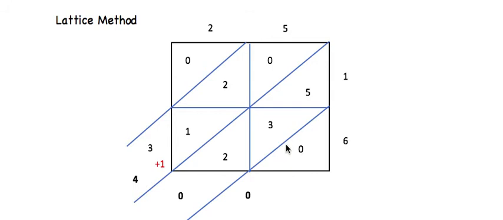So we're going to start down here, and it's important that they always start down here in this lower right triangle. And we're going to go diagonally and add any numbers. So in this case, it's just a 0. So then we're going to put a 0 in this space down here. Now we're going to move up to this next diagonal line and we're going to add these 3 numbers together.